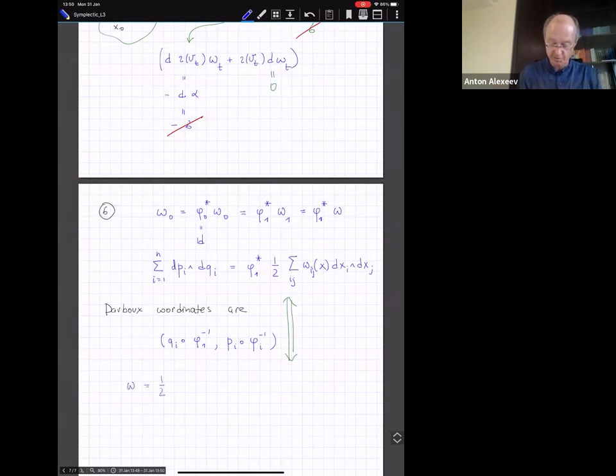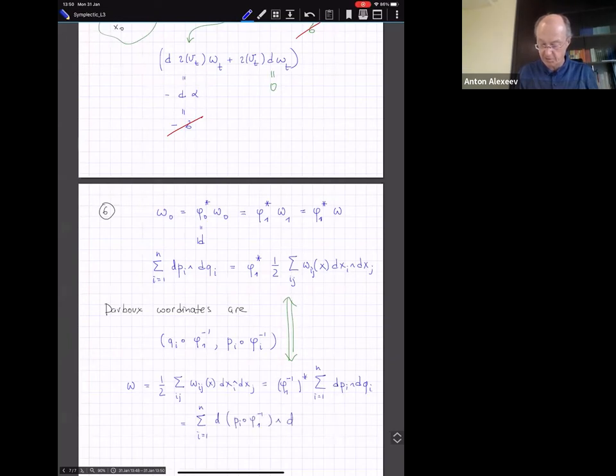So omega, which is 1/2 omega ij of x dxi dxj, is equal to phi 1 inverse star of the sum of dpi dqi, and this is equal to the sum of d(pi composed with phi 1 inverse) d(qi composed with phi 1 inverse).